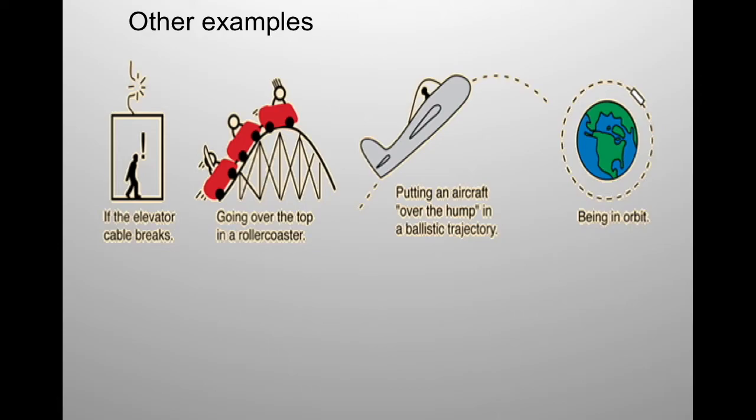Therefore, you and the roller coaster car are weightless. Over here, an aircraft is going up into the air, and when it goes over the hump, it is actually weightless. The other one is being in orbit, and when you're in orbit, you feel weightless.